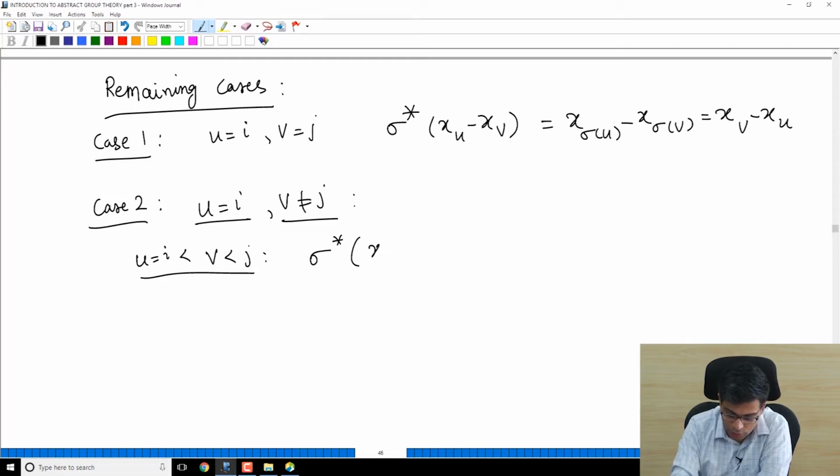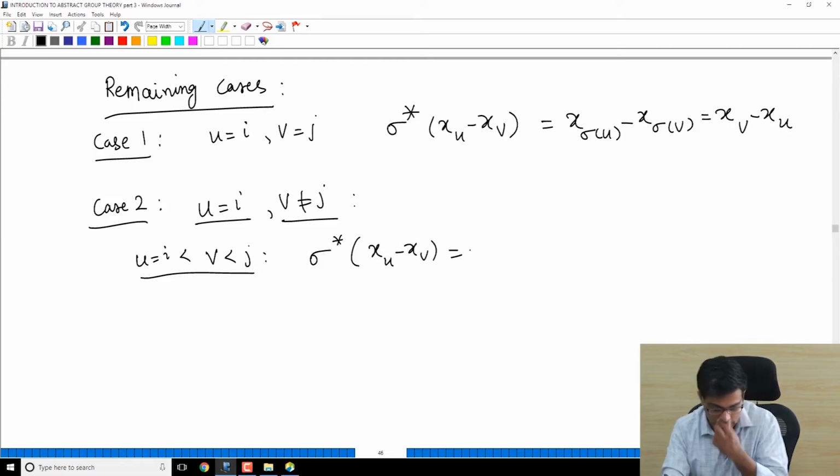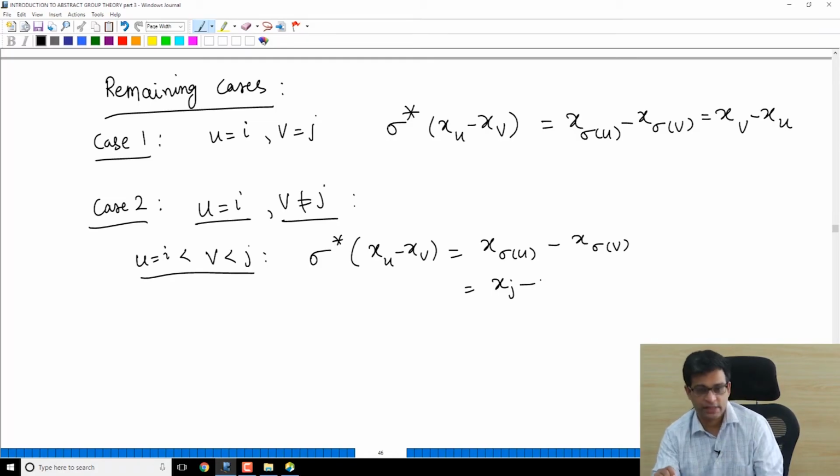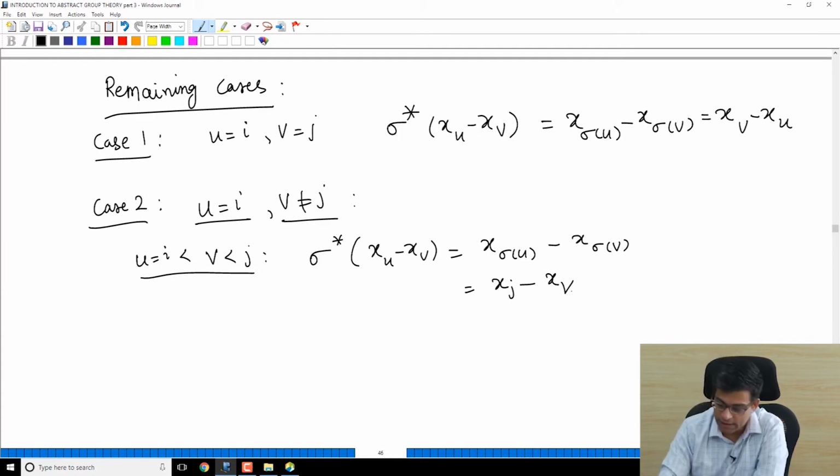This becomes x of sigma u minus x of sigma v, but u is i, so this is x of sigma i, which is j, and sigma v, remember v is different from i and j, so this is just x_v, right? In this case, a change of sign happens because I am assuming v is strictly less than j, so sign change occurs.